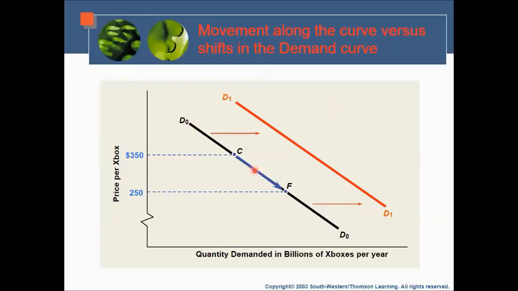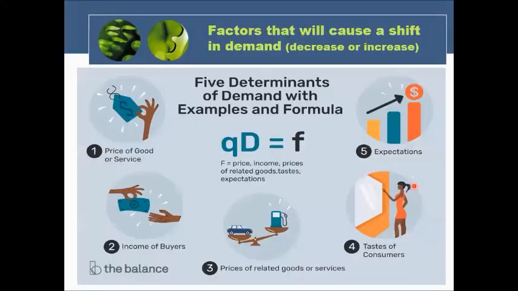Okay, so there is movement along the curve versus a shift in the demand curve. There is movement from the original demand to the new demand. There are reasons why there is a shift in the demand curve. Here there are different factors that will cause a shift in demand, or factors of the decrease or increase of the demand.